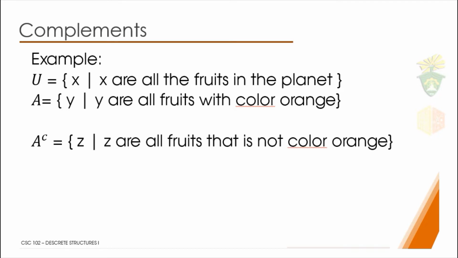Basically, the complement of A is those fruits that are not color orange, since this set only contains fruits that are color orange. That means that elements or fruits that are not color orange should not be in this set. So basically that is the complement of the set. All the fruits that are not color orange are now members of the A complement. Okay, so that is complements.